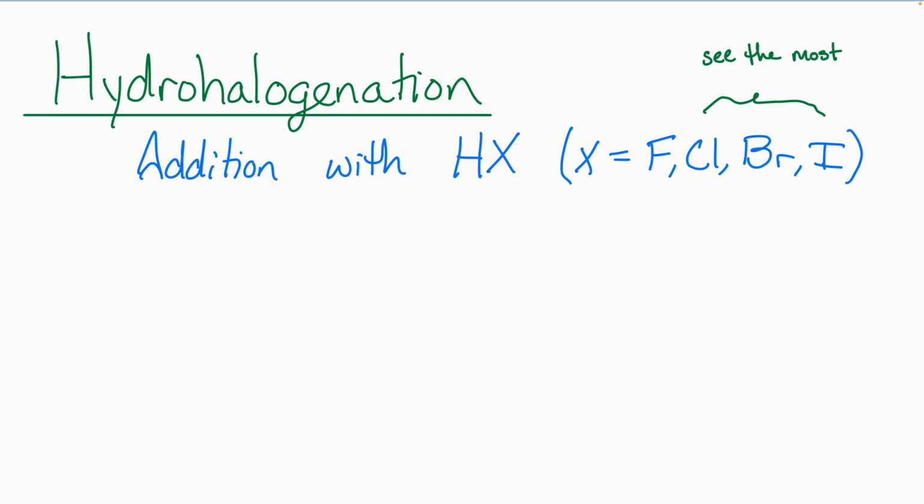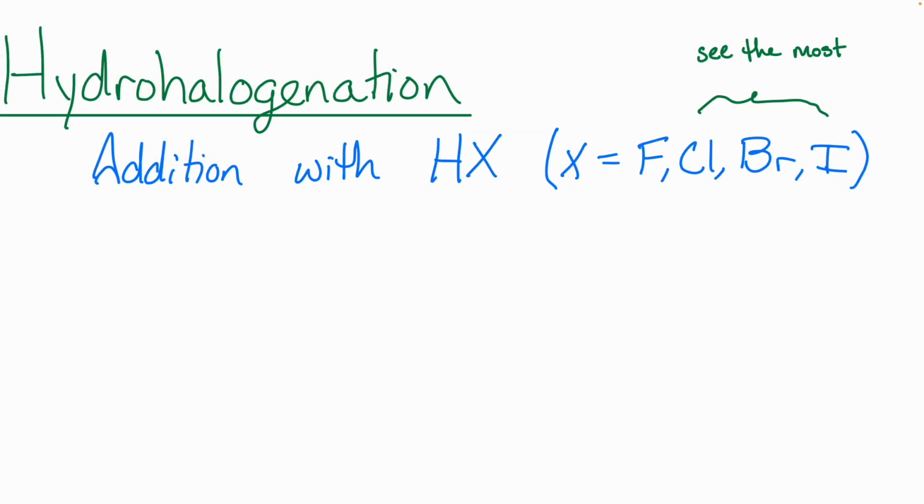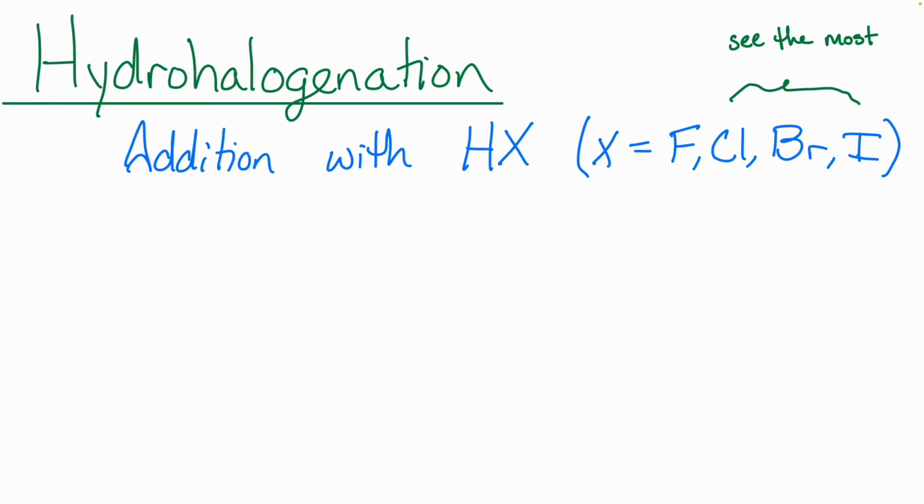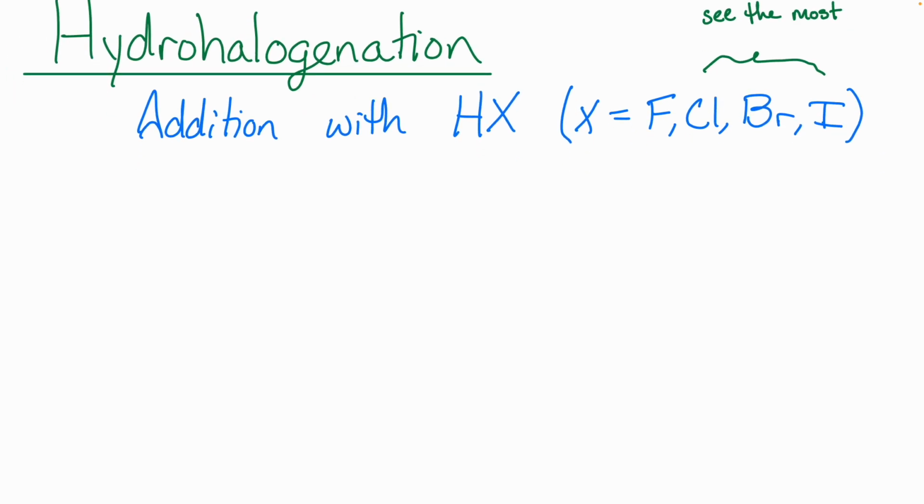If you remember from general chemistry, all of those, HCl, HBr, and HI, are all strong acids. HF is a weird one. It's not quite as strong. It'll work, but you'll have to wait a little bit longer. So again, let's just take our very simple alkene, ethene, to illustrate this.